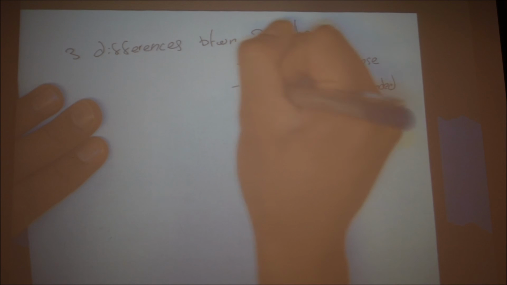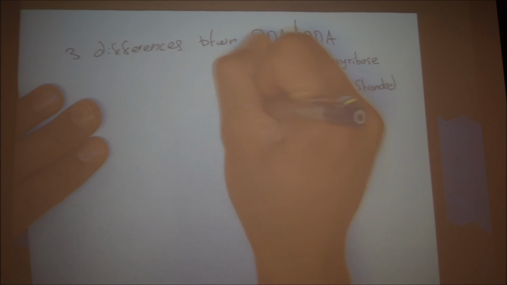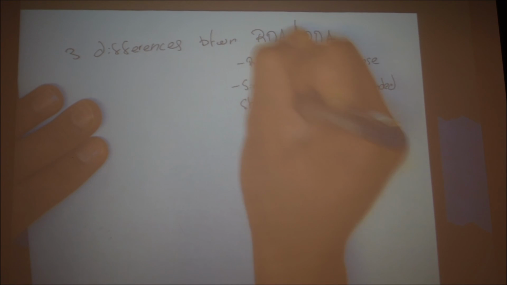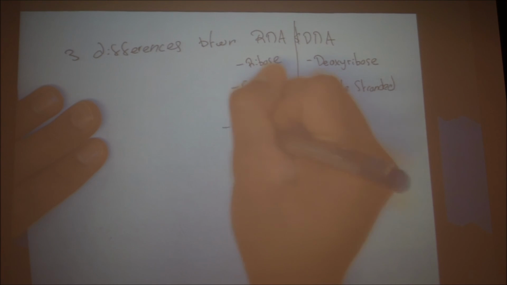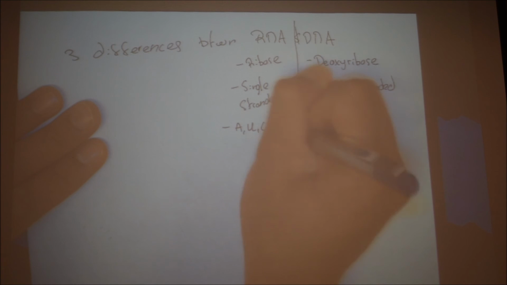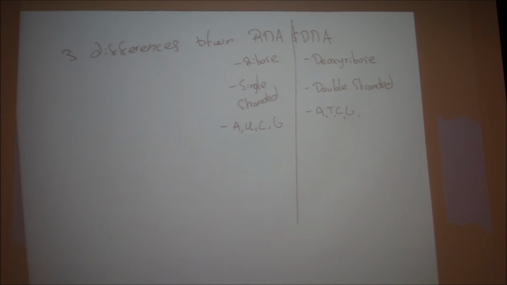RNA is going to be single-stranded. DNA is also going to have A, T, C, and G, right? So we know that. RNA is going to have A, U, C, and G. Okay, cool. All right, so that's it.